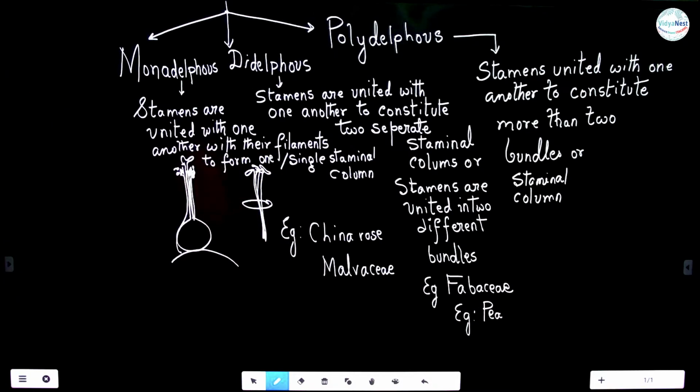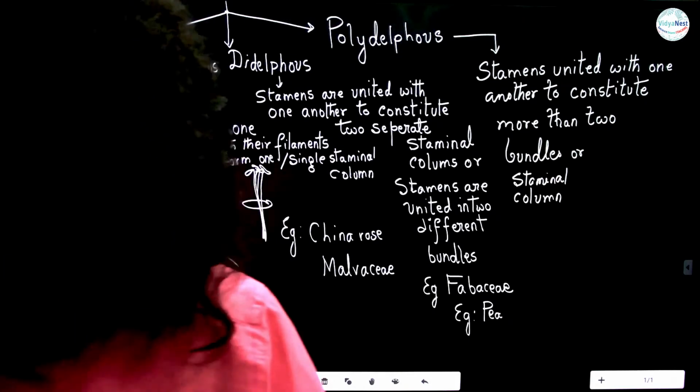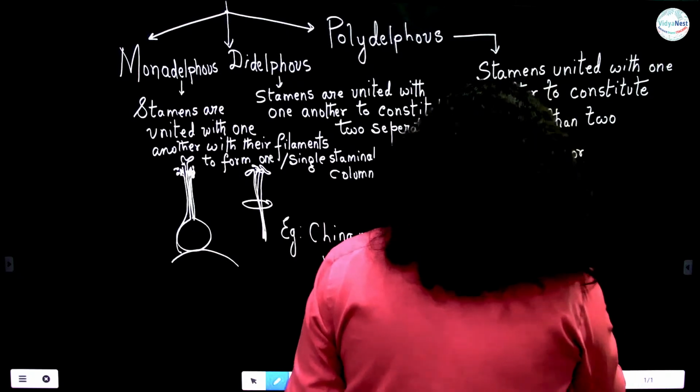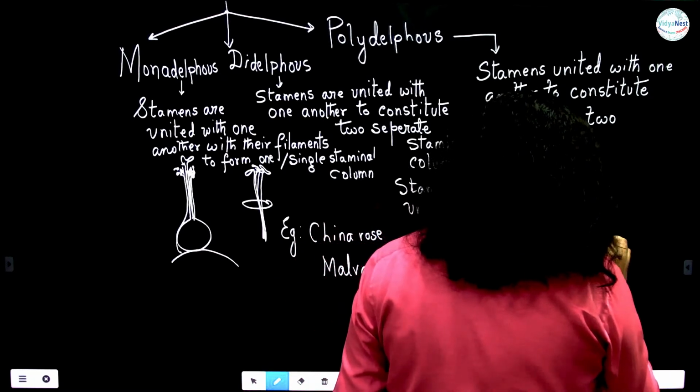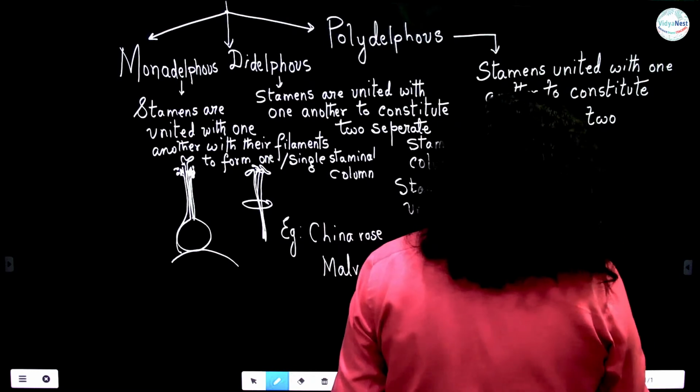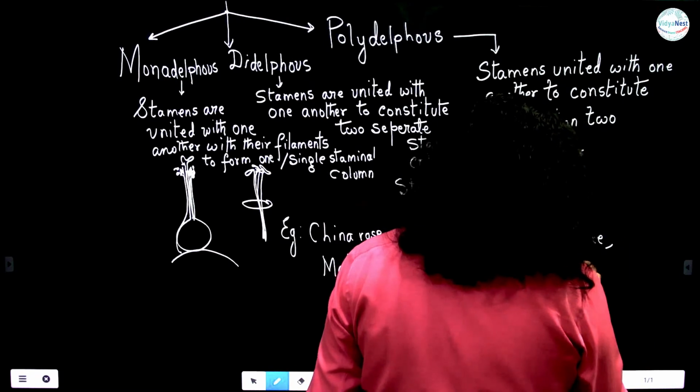That means many bundles are present there. Understood? It is found in family Rutaceae and Euphorbiaceae.